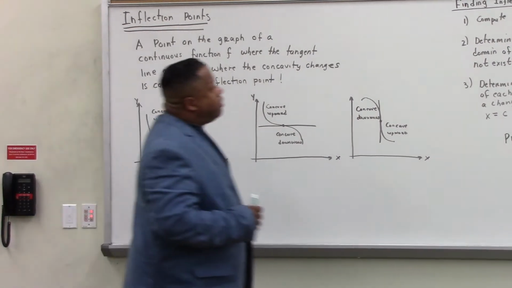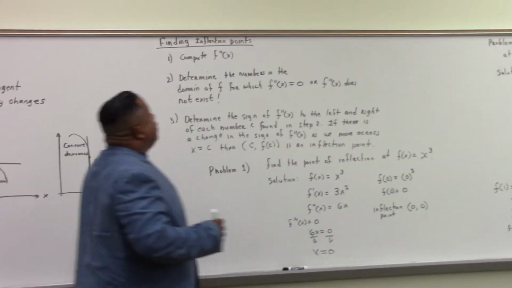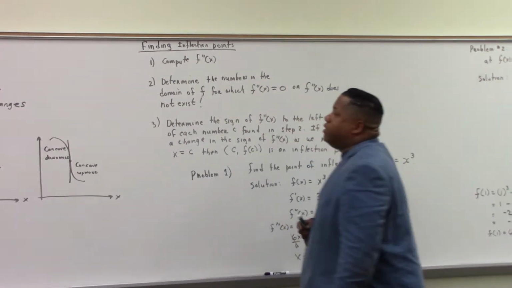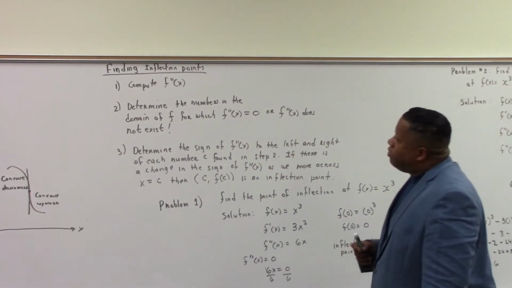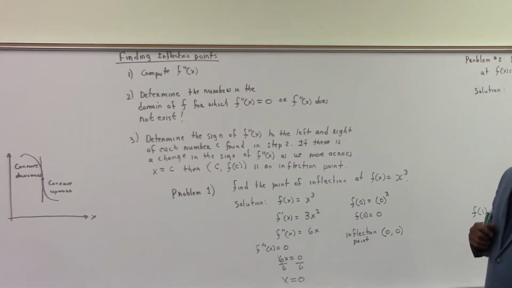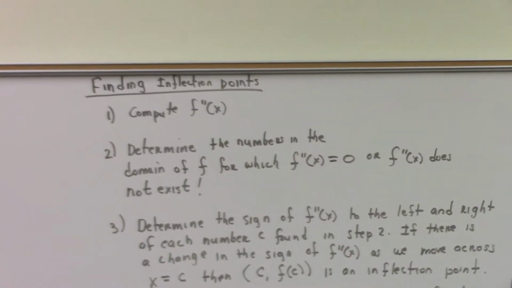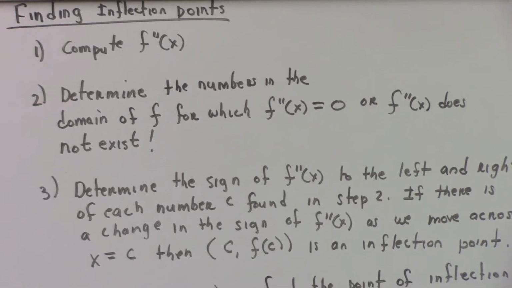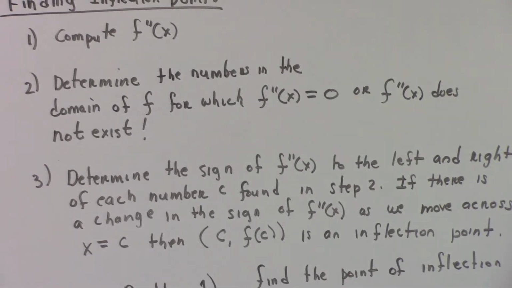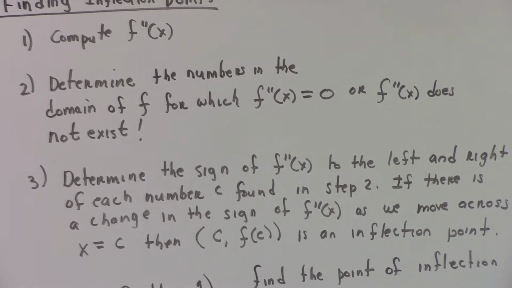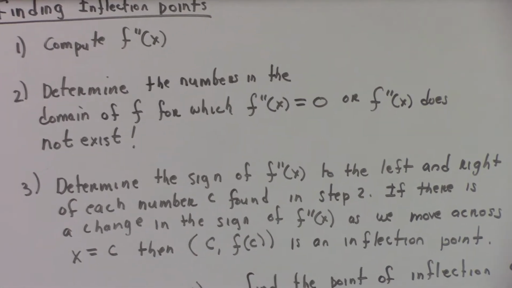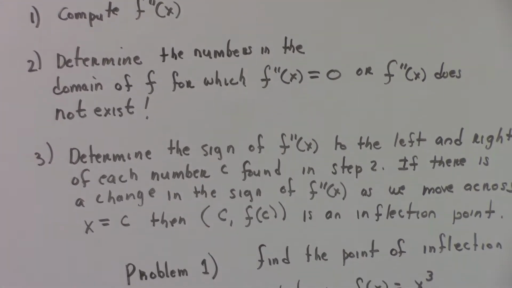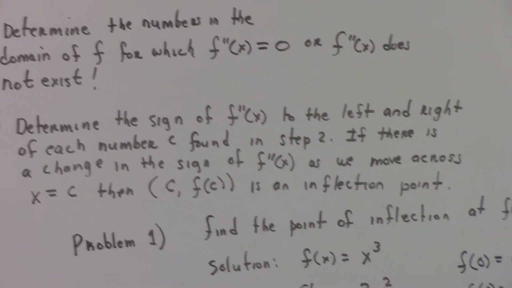So if we look at finding inflection points, this is how we do it. We want to compute f double prime of x. You have to find the first derivative and the second derivative. Then determine the numbers in the domain of f for which f double prime of x is equal to 0 or f double prime does not exist.